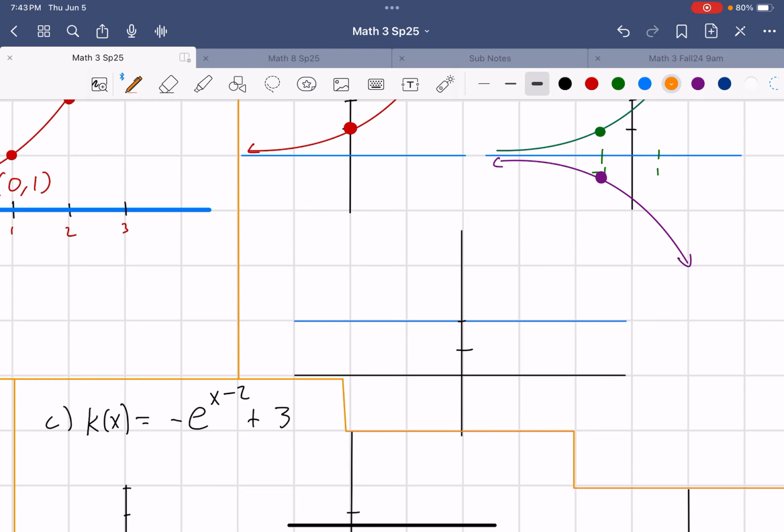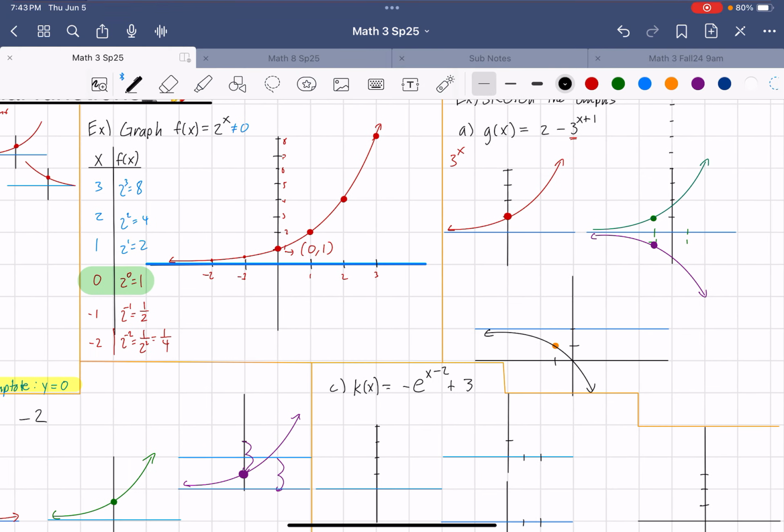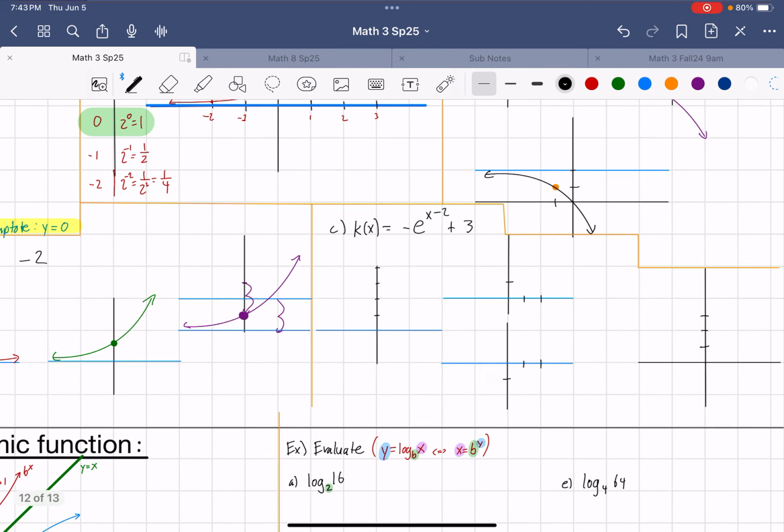So our graph, the point is going to be there. Shifted 1 to the left, and it went up 2. And then we just sketch it, same shape. Again, I'm not looking for anything perfect, but just a rough sketch doesn't hurt.